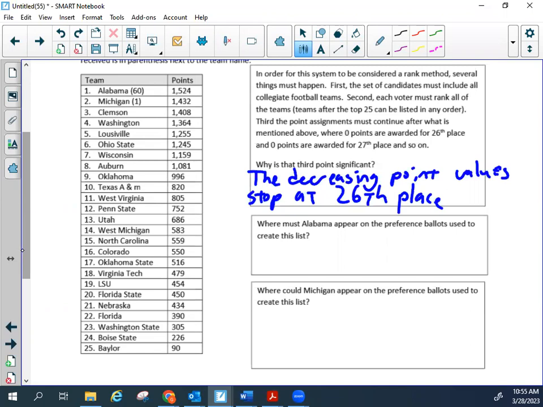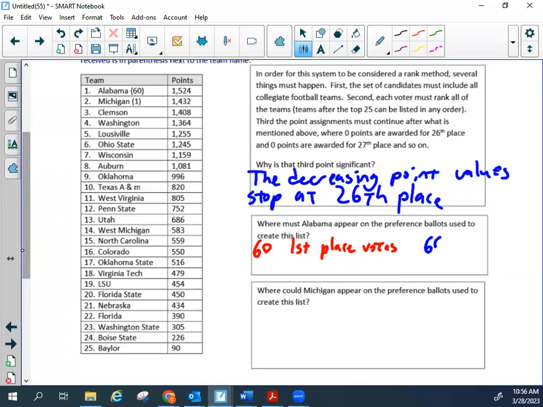So let's use some algebra skills here. Where must Alabama appear on the preference ballots to create this list? Well, see these numbers here in parentheses? That's how many first place votes they got. So we know Alabama got 60 first place votes. We know that a first place vote is worth 25 points.